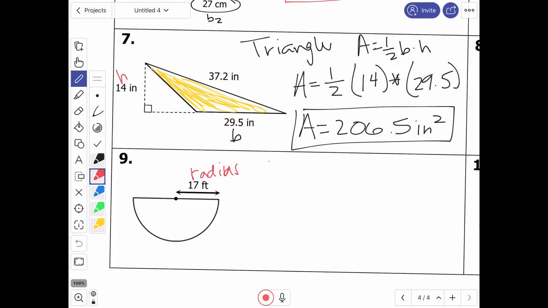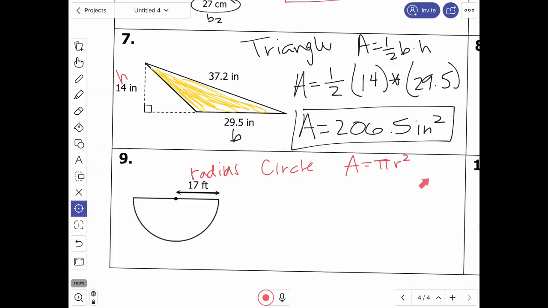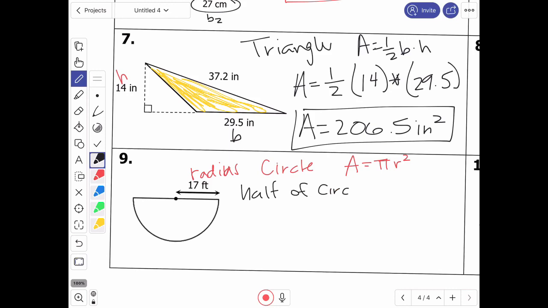So with a circle, my area formula is pi times r squared. But since I only have half of a circle, I'm actually going to take whatever this area is and divide by 2. Okay, so you can make note of half of a circle is area equals 1/2 times pi times r squared.